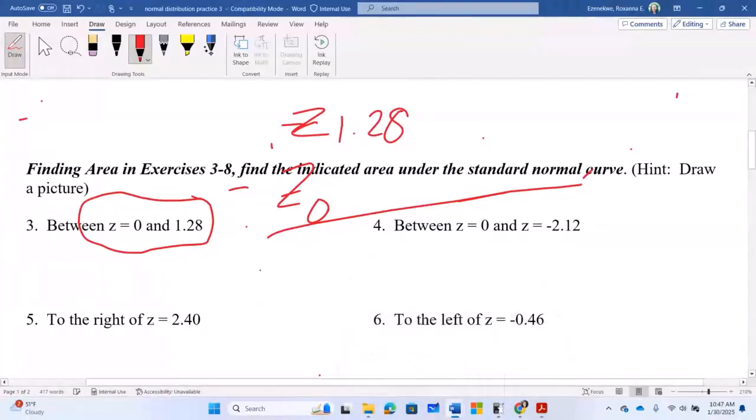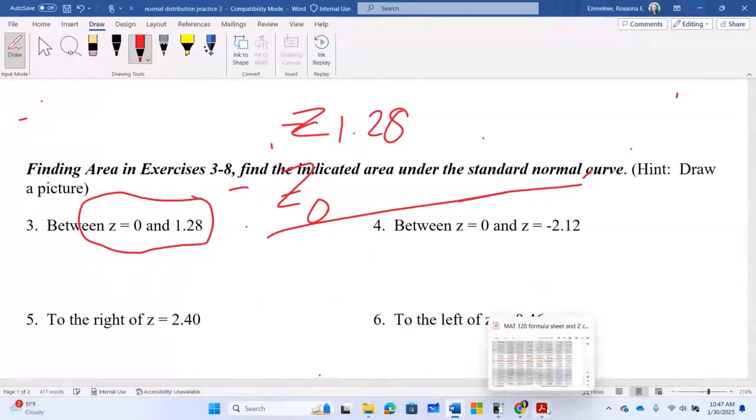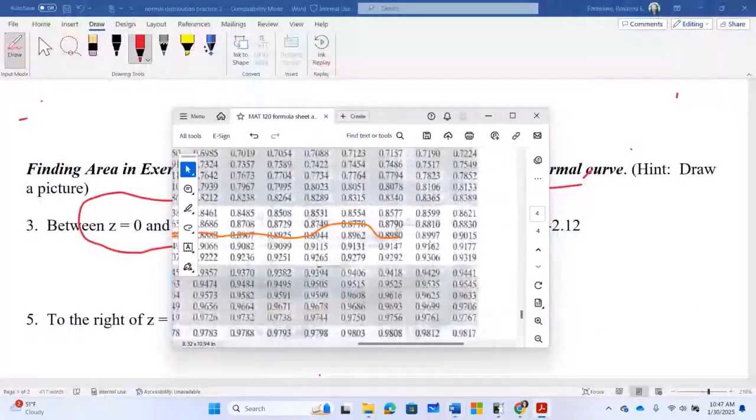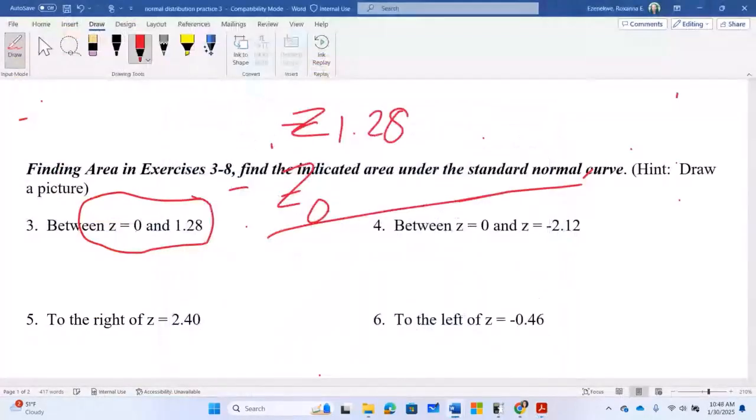Of course, Z of 0 is 50%. Let me pull that up again. I want to make sure that everybody gets it. So 1.28 is 0.8997.